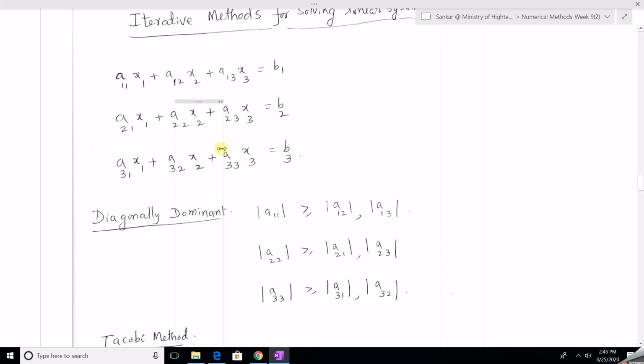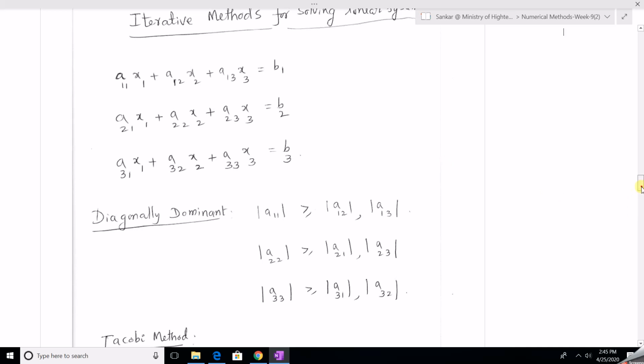So the absolute value of a33 should be greater than or equal to modulus of a31 and modulus of a32. That I have written here. So if these conditions are satisfied, we call this system diagonally dominant.